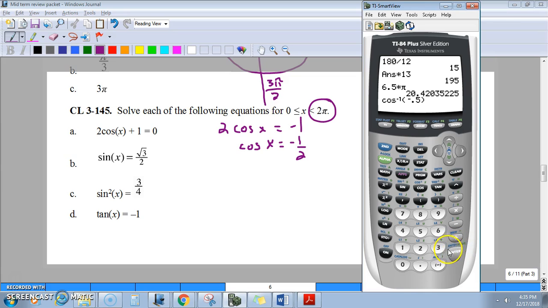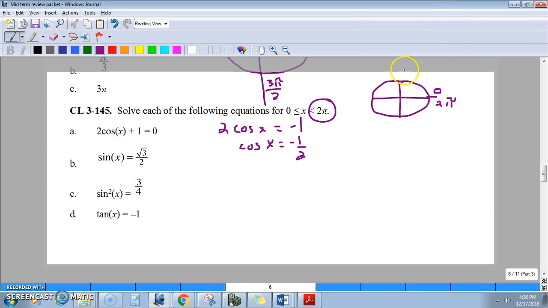Oh, and it isn't going to be good because it's going to give it to me multiplied out, right? So actually, let me change that to degrees mode. Okay, so let's try it again.